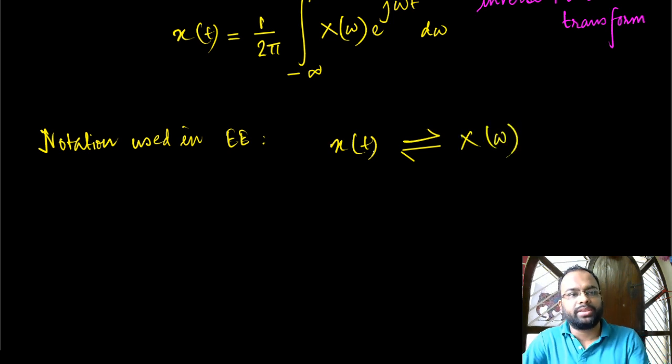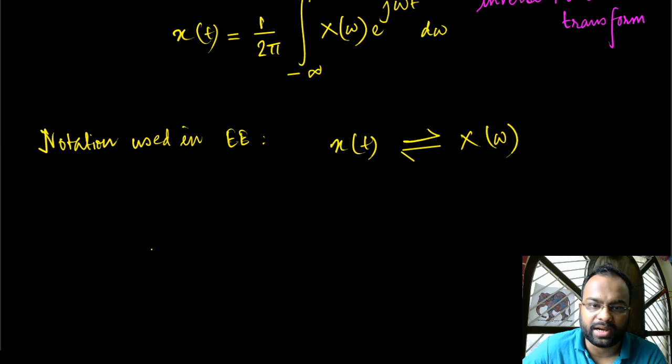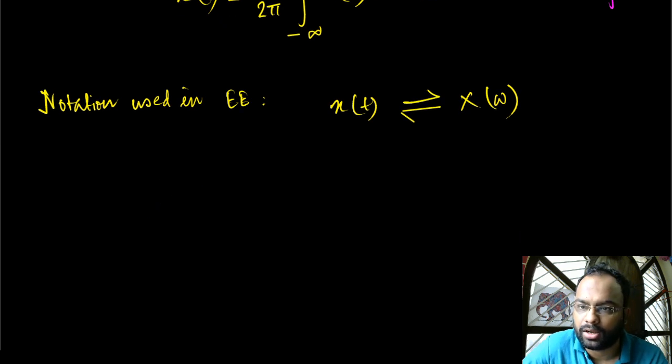So if x is a signal and we introduce this double-sided arrow, then on the right hand side we have the Fourier transform, and on the left hand side we have the original signal. So the Fourier transform of x(t) is X(omega), and the Fourier transform of X(omega) is x(t). We use this notation quite often, so it's better for me to introduce it for you.